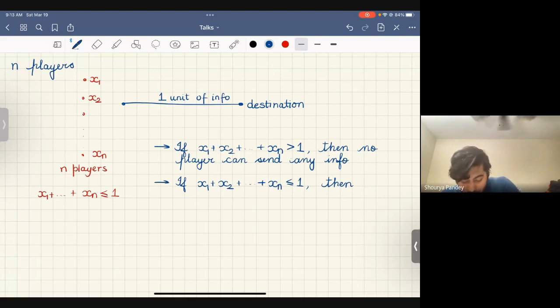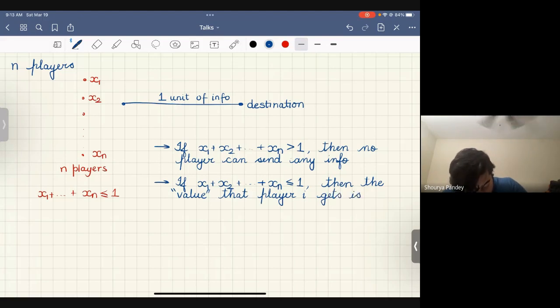the value that player i gets is xi times the total amount of bandwidth left, that is, xi times the summation over j equal to 1 to n of xj.